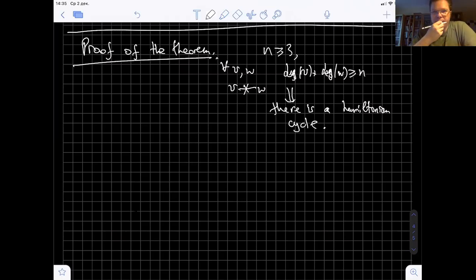Maybe one more question for you: is it true that we have at least one cycle in our graph? Can we prove that we have at least one cycle in our graph?